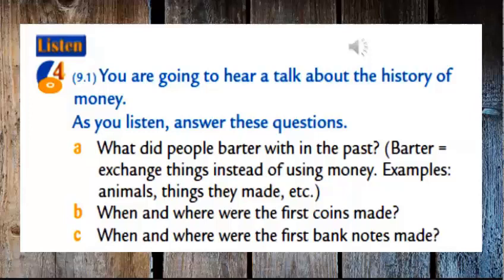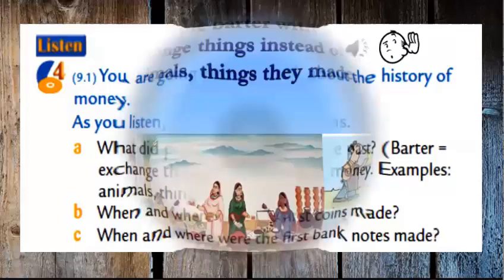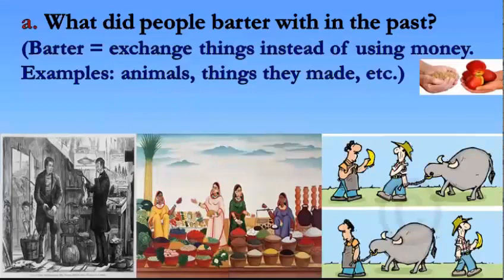Okay, after listening to this, we have also, as I said, 3 questions. We have to answer the 3 questions based on the listening that we have here. So let's find the answers together. We have the word barter, as I said before. Barter means to exchange. So who can tell me, what did people barter with in the past?